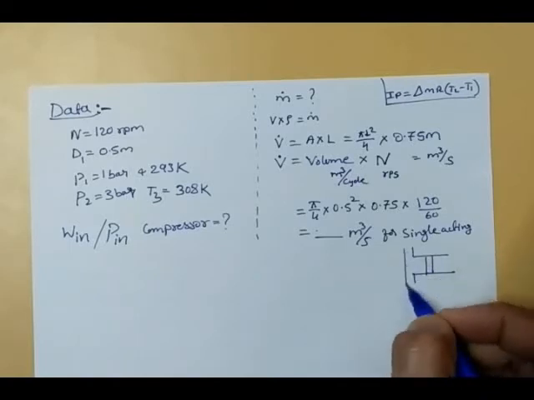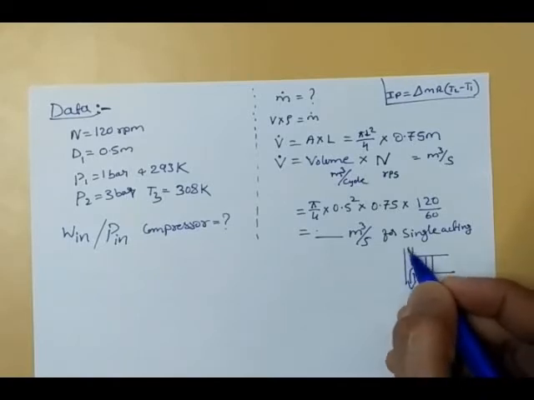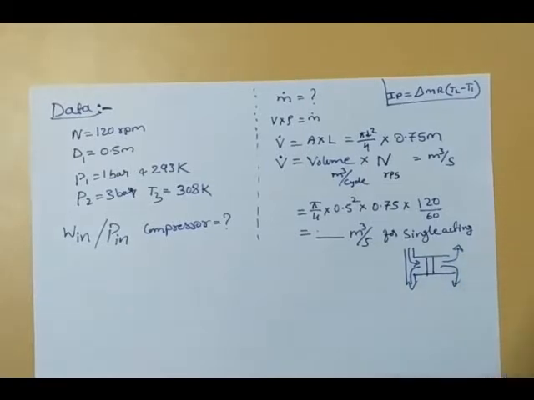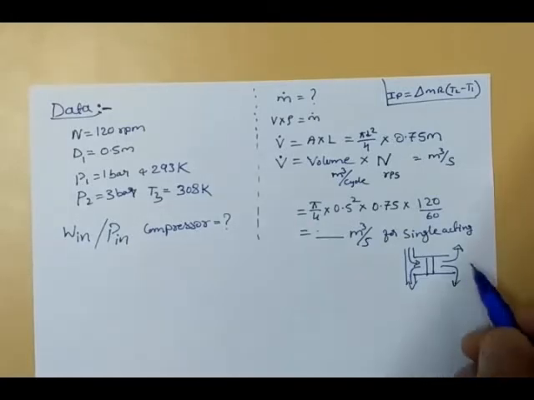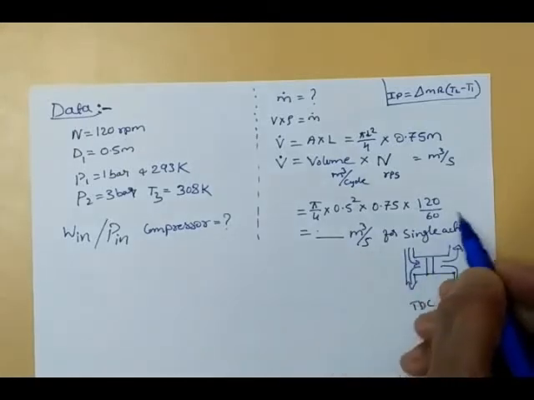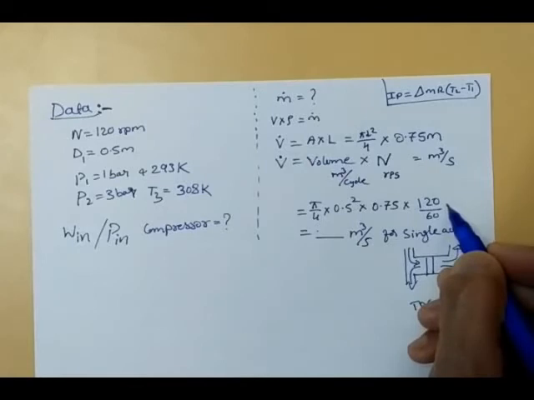But as we have a double acting compressor, there are two side compression, that is on both TDC as well as BDC. We can see air entry and exit. That's why we have to multiply this with 2.